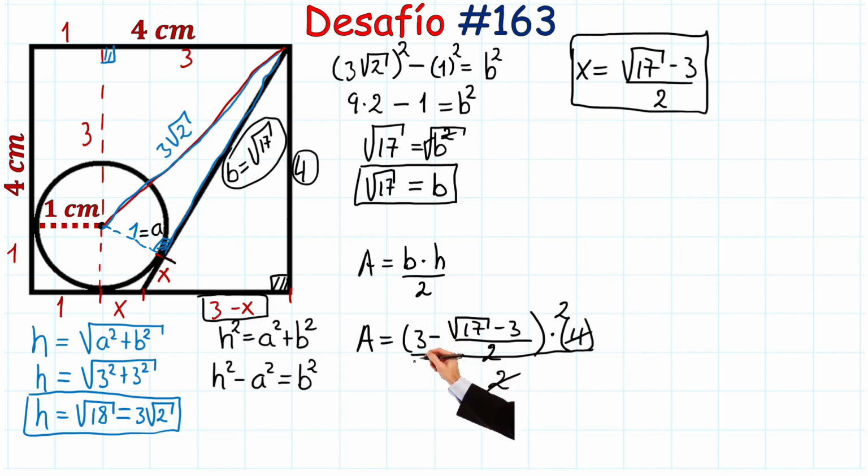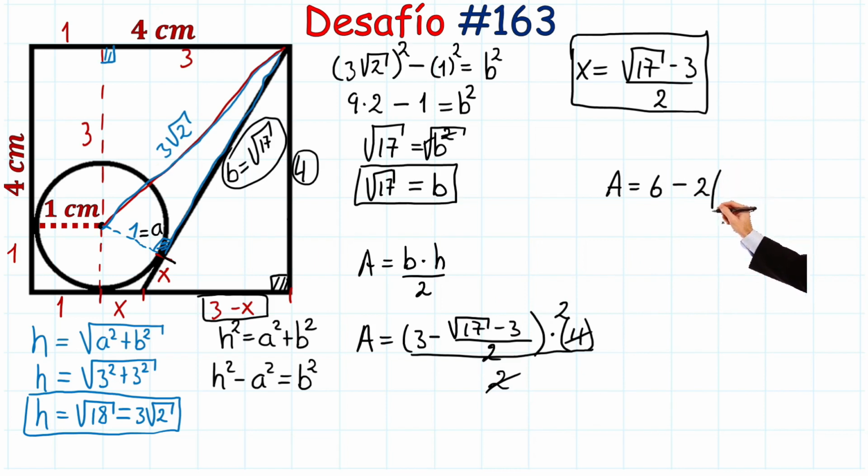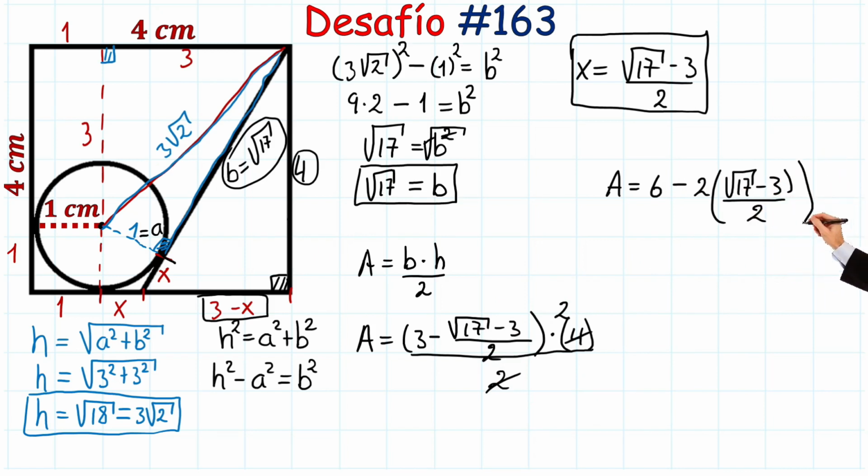2 times 3 gives us 6. So we're going to put it over here: A equals 2 times 3 is 6, minus 2 times the square root of 17 minus 3, over 2. Then we simplify this 2 with this 2.